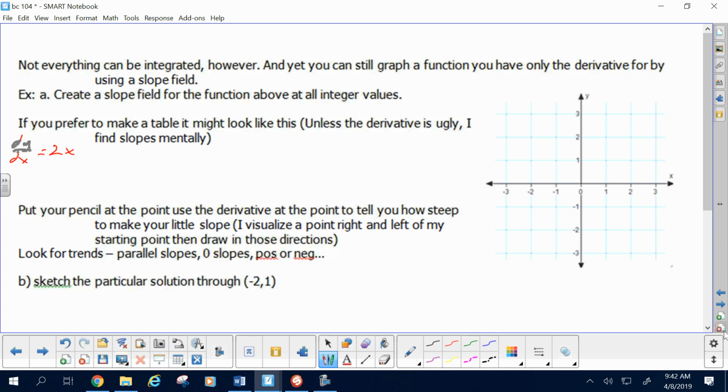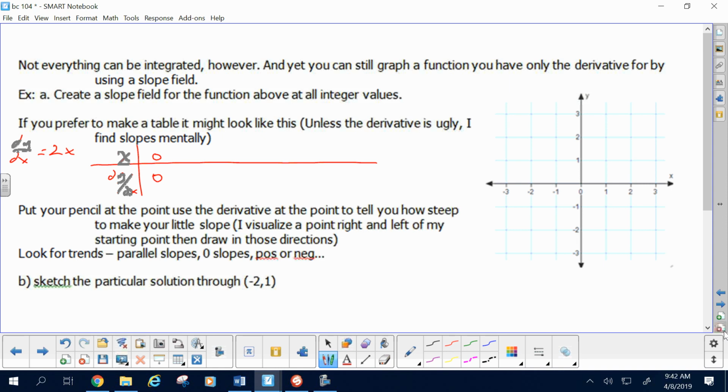I could still get a little bit of points or slopes and make a slope field by saying, well, at different x's, what's the slope? Well, let's start with 0. At any x, the slope must be 2 times 0, or 0.